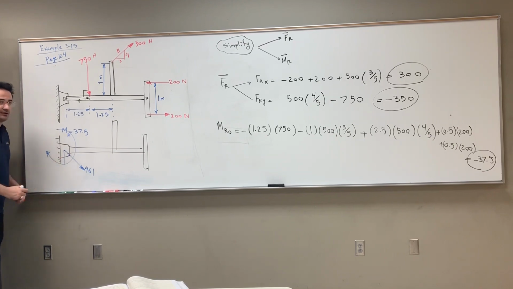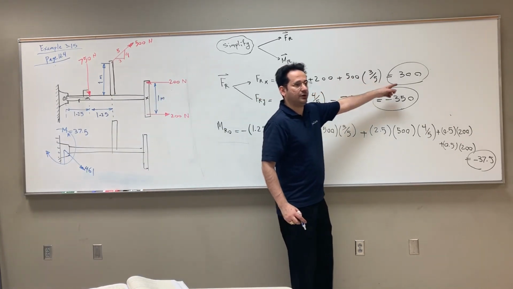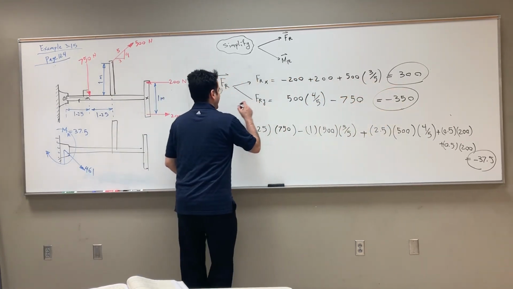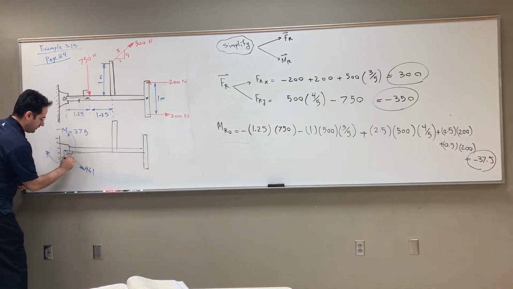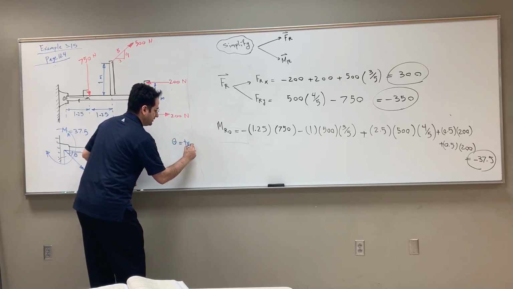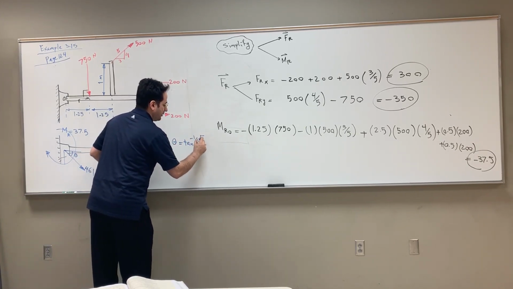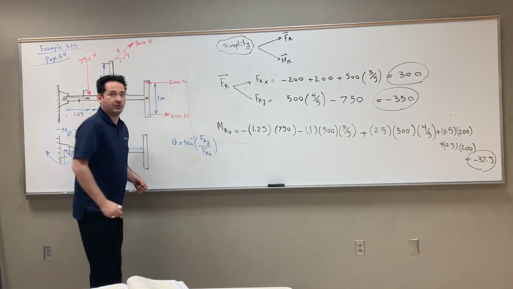How do you find this angle? Well, if you have x and y component of resultant force, then this angle is theta, right? Theta is arctangent of the y component of resultant force divided by the x component of resultant force.